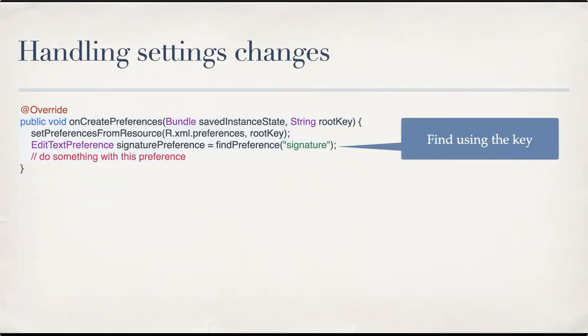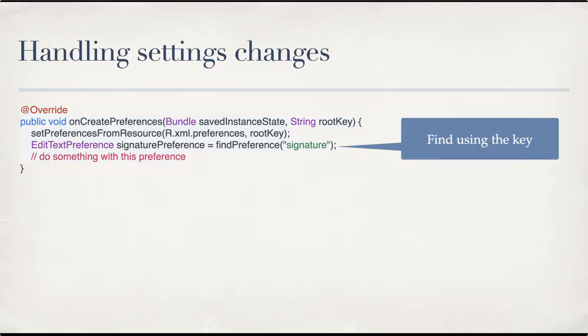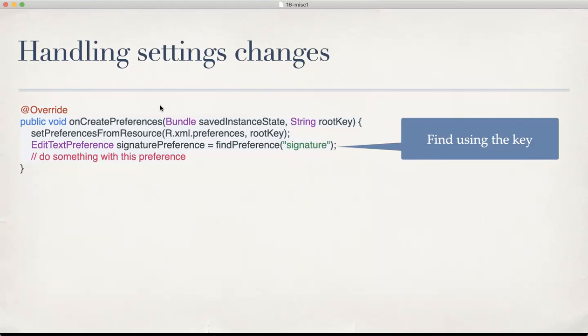So next, how do you handle settings change? What happens when some setting changes? First of all, in your onCreatePreferences, after you inflate the hierarchy, you can start grabbing the preferences by calling the findPreference method and passing it the string that is the key of that.